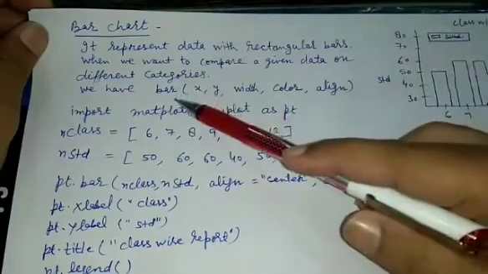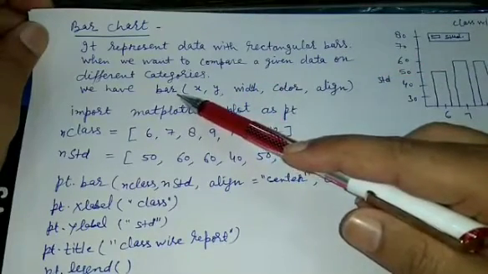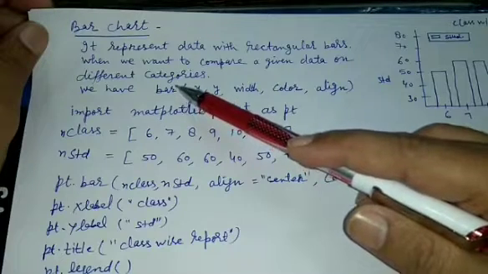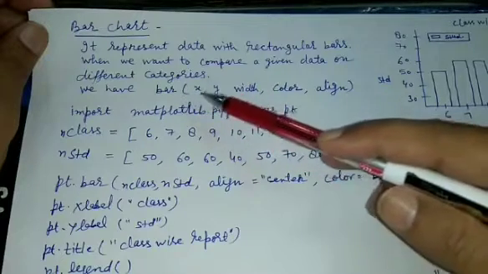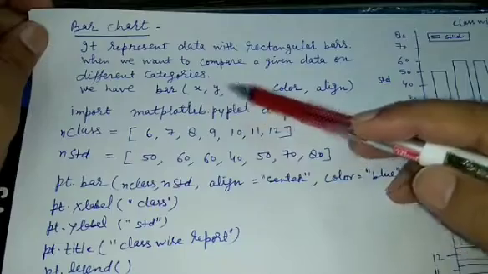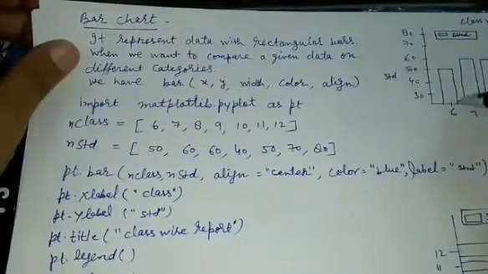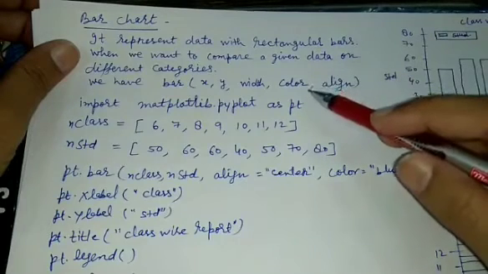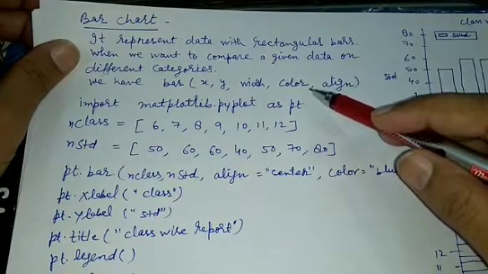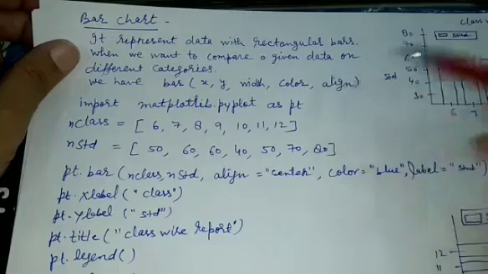So for this we have the bar function for vertical creation of bars. X value, Y value, width. Width means this thing. Color, you can assign the color code. And align.